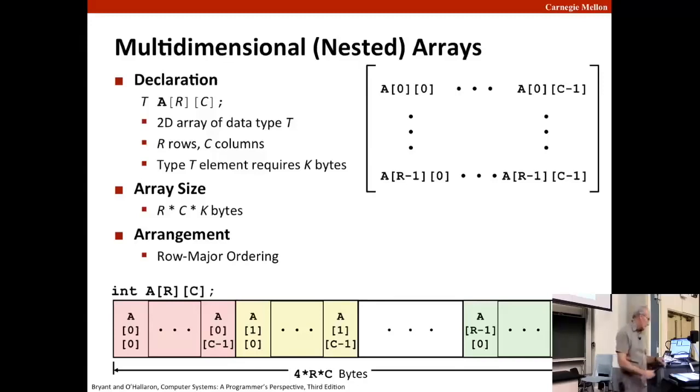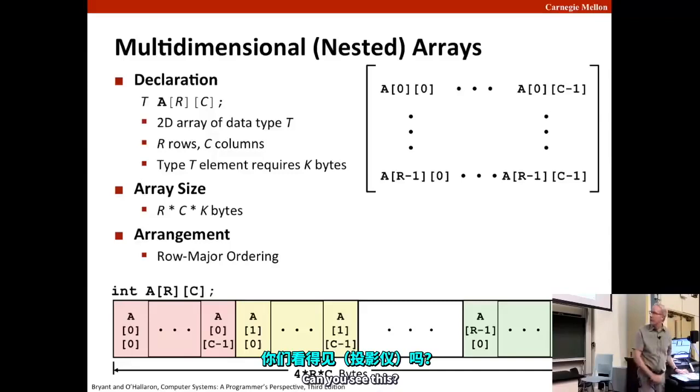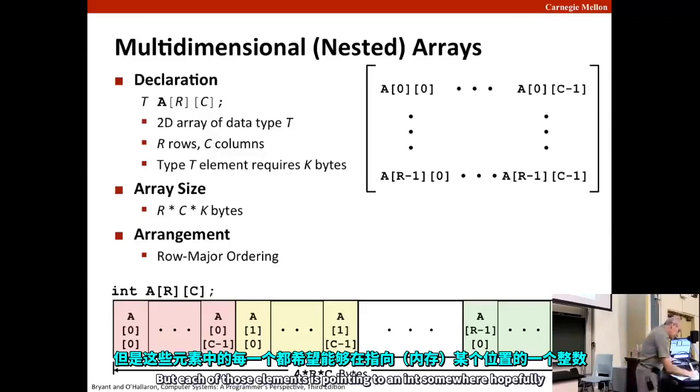All right? So A4 is an array. Can you see this? But each of those elements is pointing to an int somewhere, hopefully.